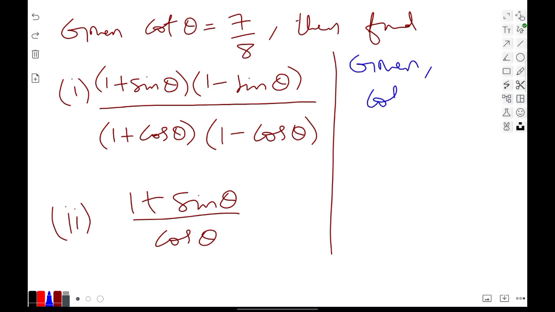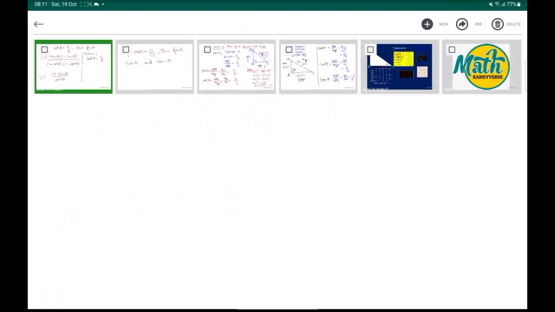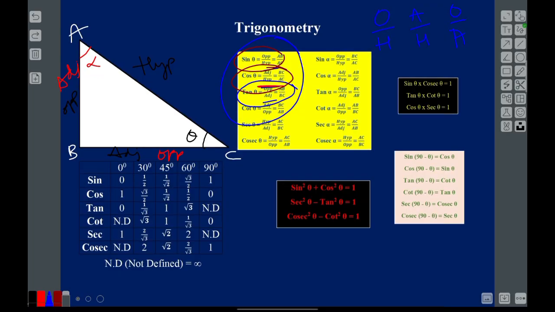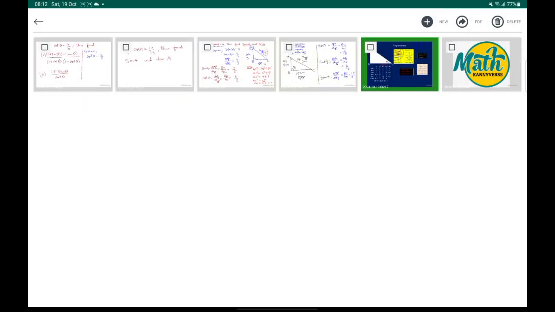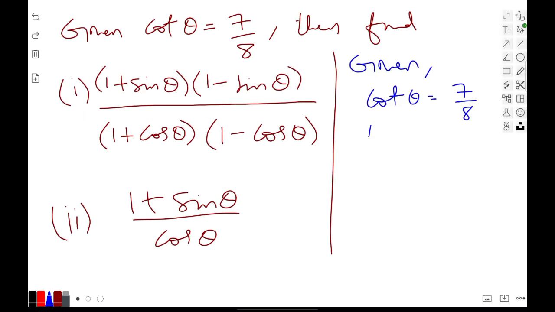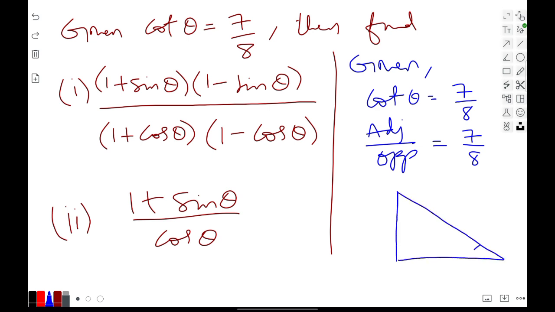Given cot theta is equal to 7 by 8. If you see here, cot theta is equal to adjacent by opposite. Just write down adjacent by opposite here, 7 by 8, and draw the right angle triangle, place angle theta.